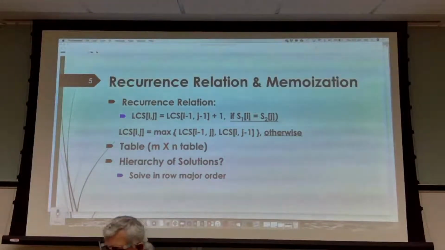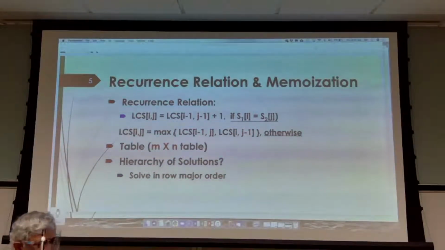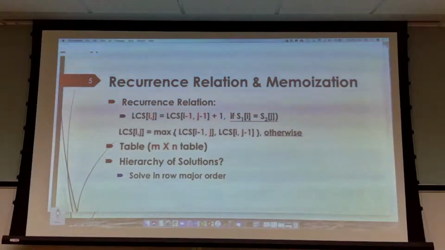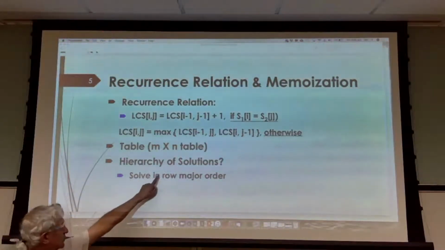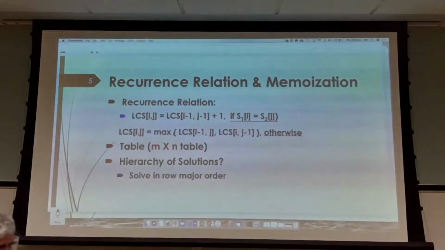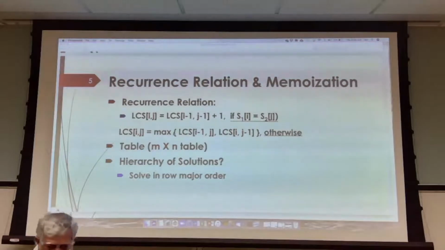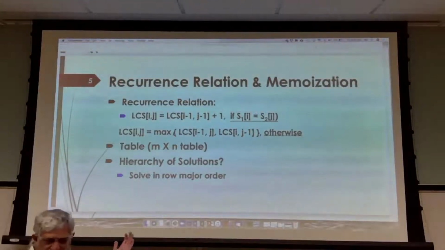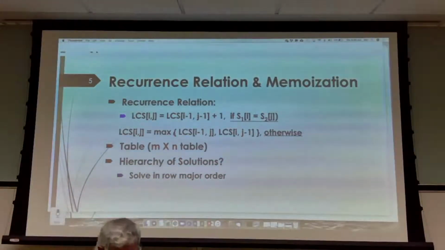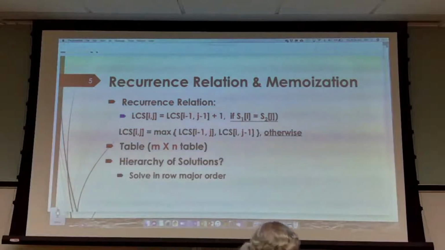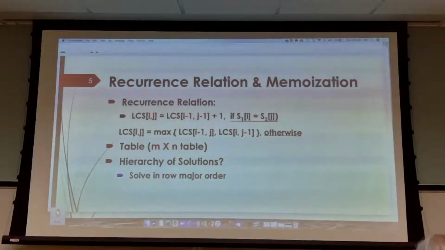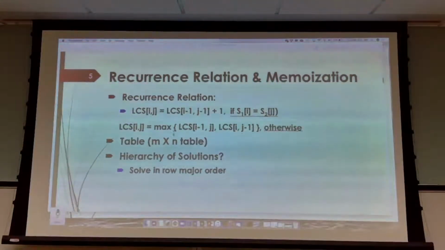So this recursion tree imposes an ordering of how these subproblems need to be solved. That's what's called a hierarchy of solutions. This also means that if I want to fill up the table, I need to fill it up in a certain order. I can't just do it in any order I like, because there is a clear dependence of solutions.